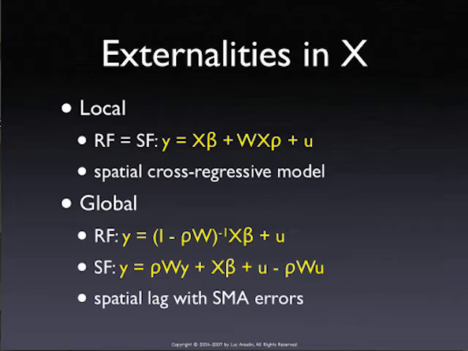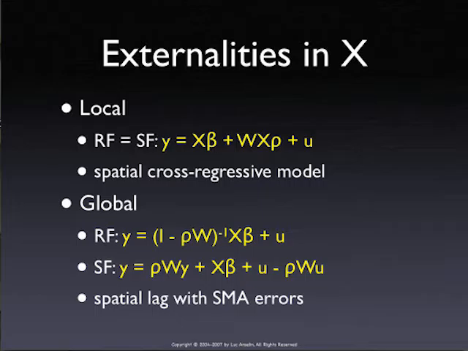So when we introduce, as the example we had earlier this morning, if we explain income by employment, local employment, as well as surrounding employment, the surrounding employment would be the WX. That implies a local form of externality. So if you change the employment in the neighboring county, it will affect my income. If you change the employment 2 counties away, it doesn't do anything for me.